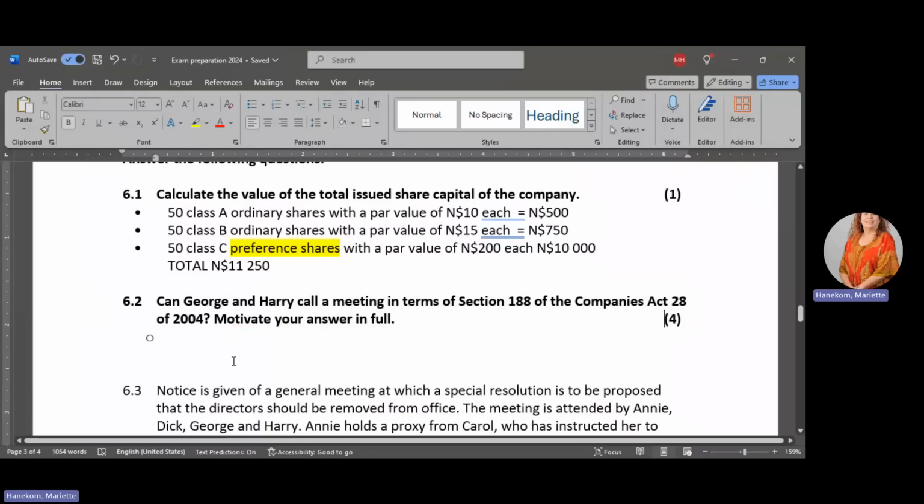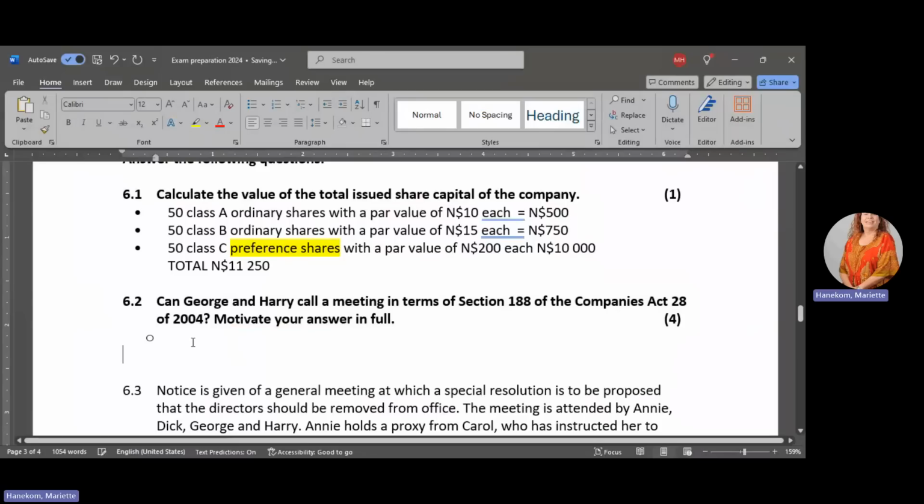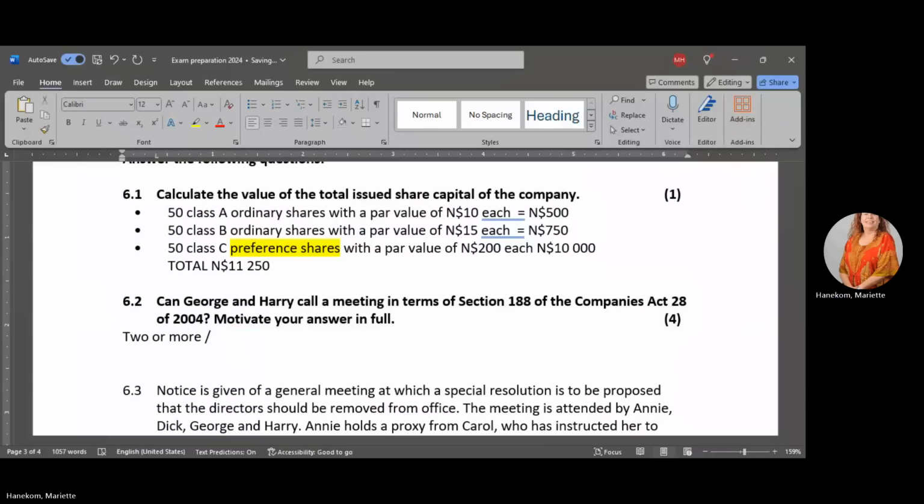What are the requirements for section 188? There are 2 requirements. There must be 2 or more shareholders with a minimum of 5% of the issued... I can now just check my own handout here before I lie to you.